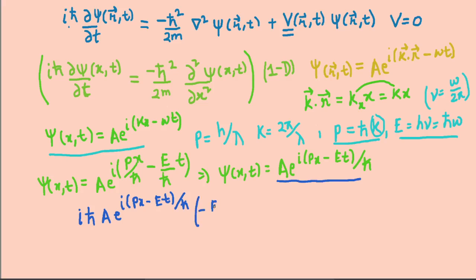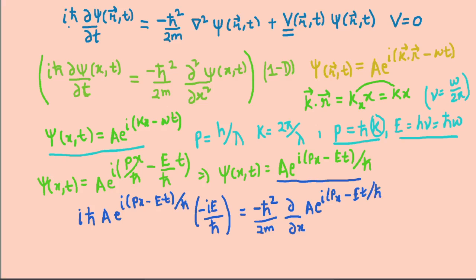i h bar, differentiating psi, we get A e to the power i, kx, sorry, not kx, we write this equation (px minus Et) divided by h bar, and we have here minus iE by h bar after differentiating, which equals minus h bar squared divided by twice m. Twice differentiation: we differentiate once and we have A e to the power i (px minus Et) by h bar.